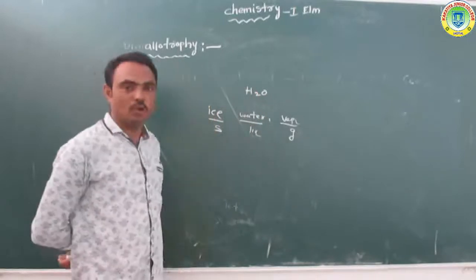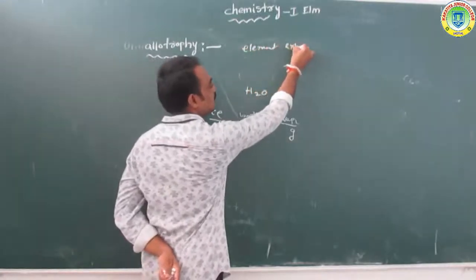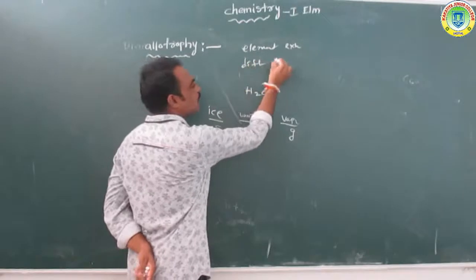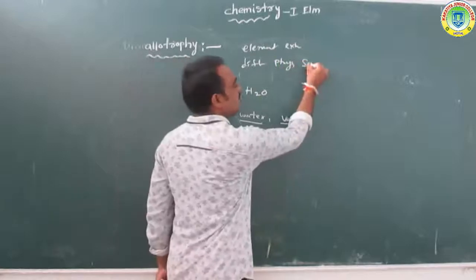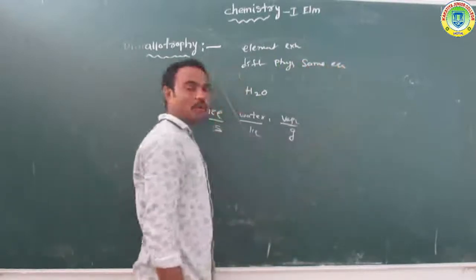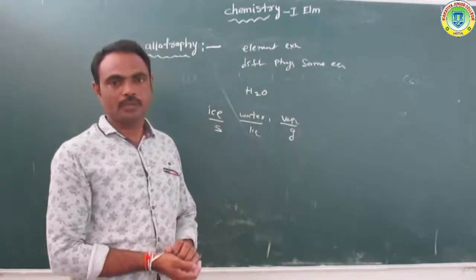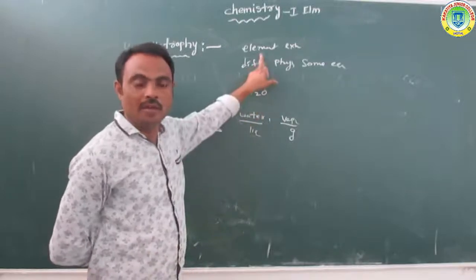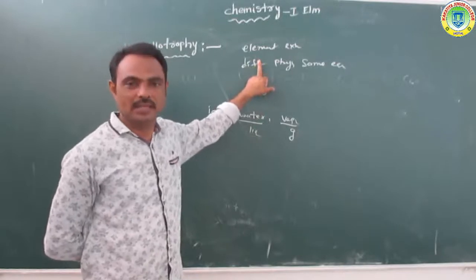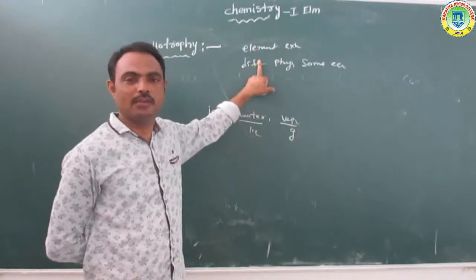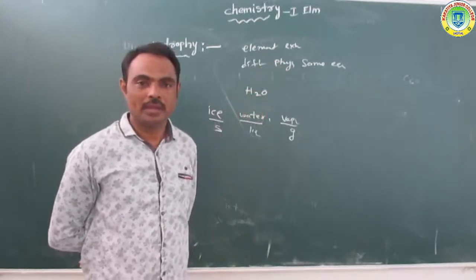So what is allotropy? An element that exhibits different physical properties and the same or equal chemical properties, that phenomenon is called allotropy.